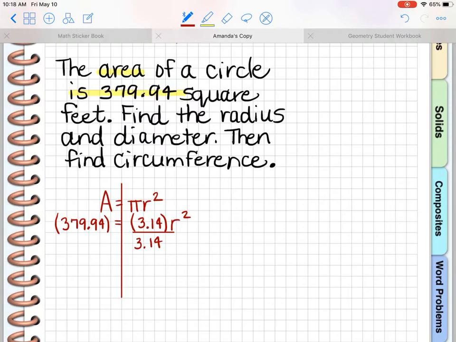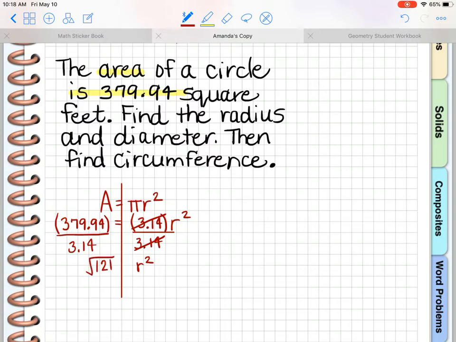That's a constant here, so divide both sides by 3.14. This goes away, it cancels. So you're left with r squared, don't lose your square, is 379.94 divided by 3.14, and that's 121.